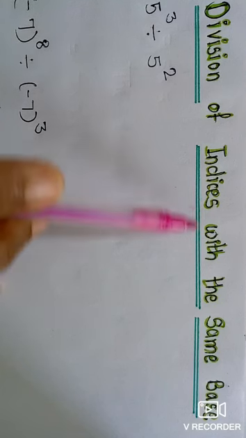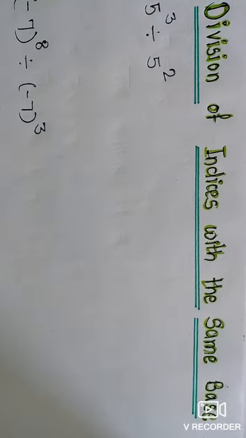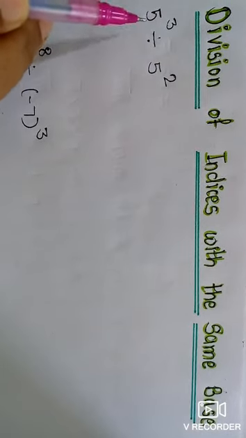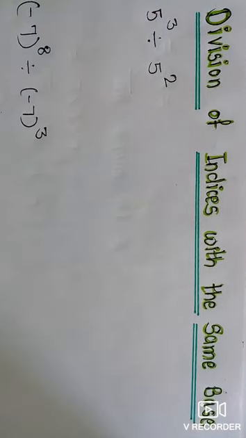Now next we will see the rule for division of indices with the same base. We have seen multiplication of indices when the same base is there. Now if division is there and the base is the same, what to do? Yes, multiplication and division are opposite. Same way, addition and subtraction are also opposite. There we added, here we will subtract.